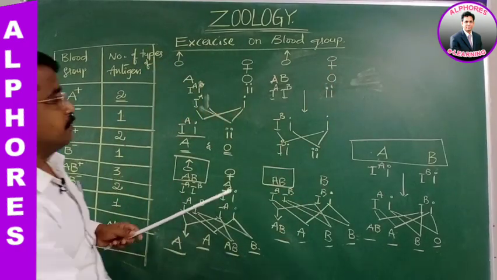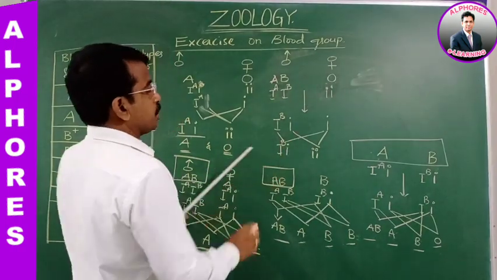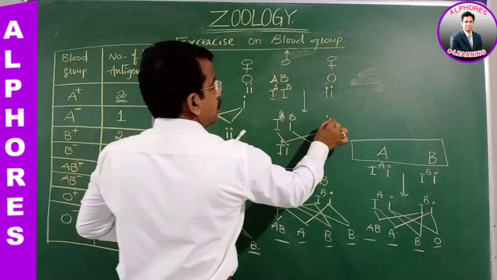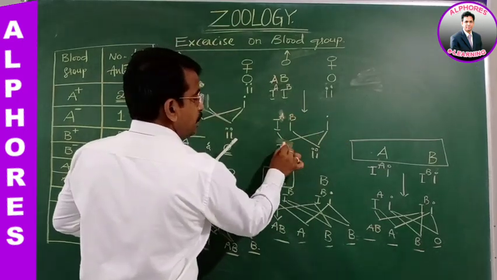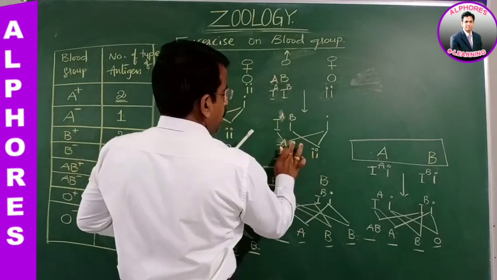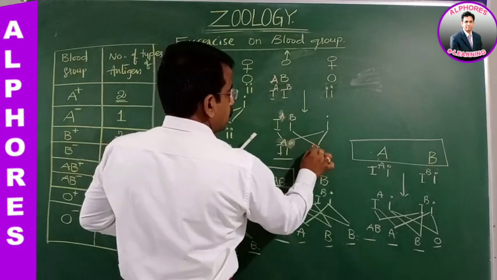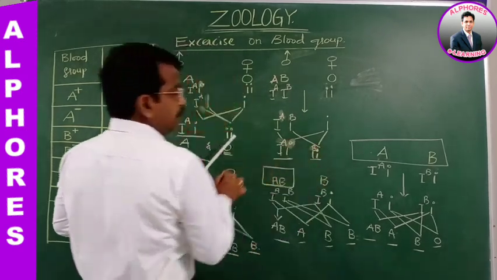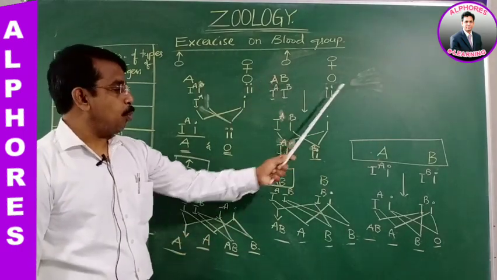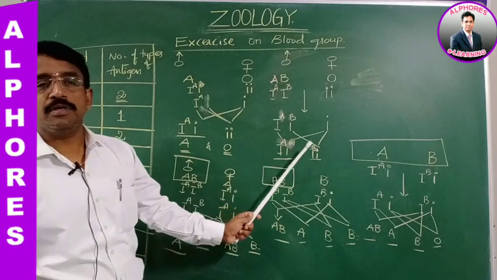I repeat, AB and O. Look at here, IA, IB and IO. So what is the possibility? That is none other than A and B blood group is possible. If the parents are with AB and O, the progeny are with A and B.